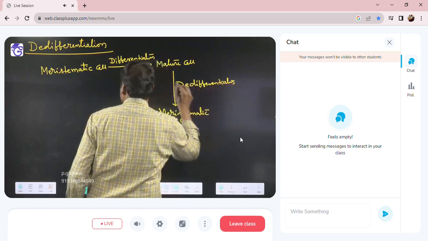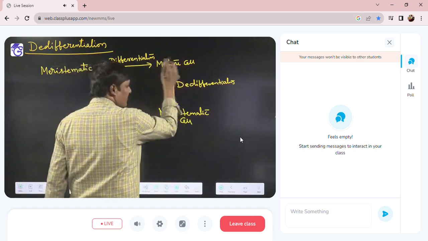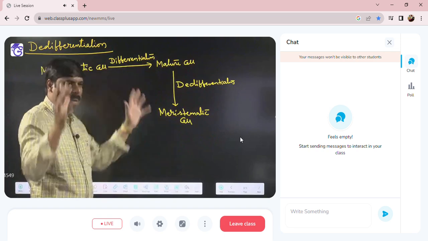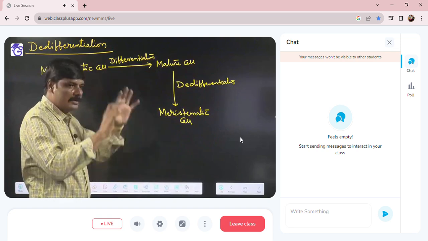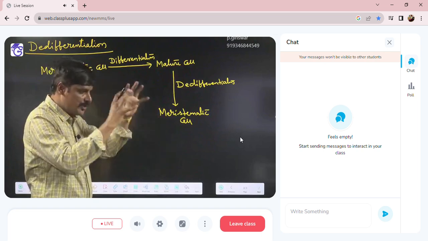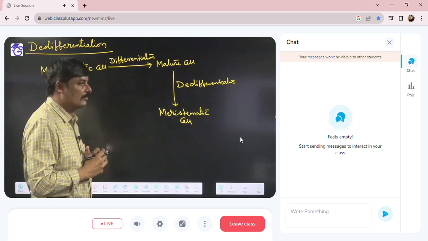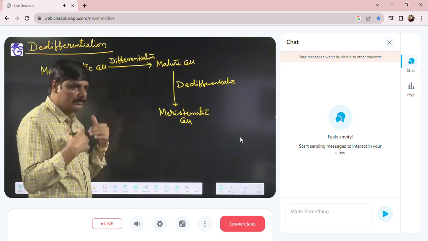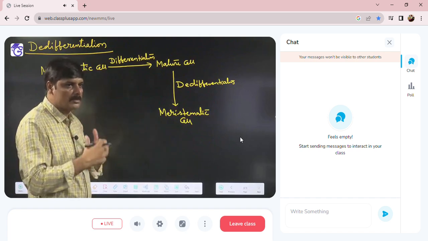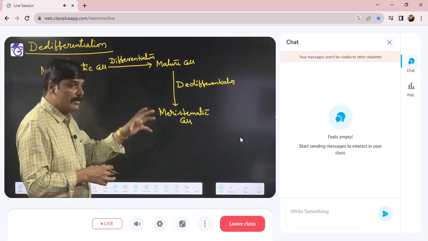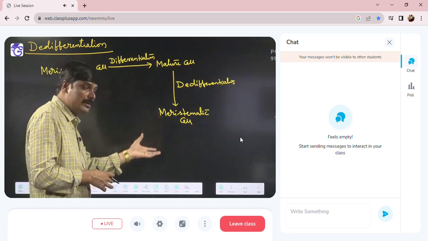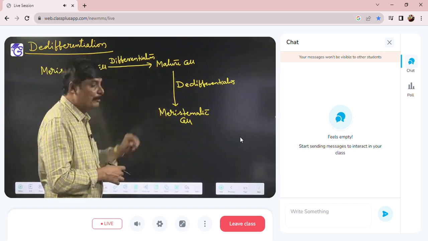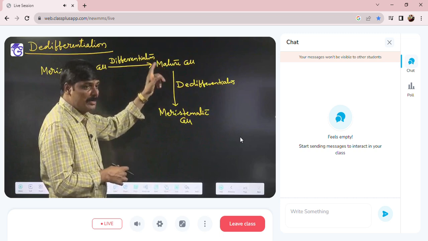After differentiation, cells are formed. They form the plant body. They are the mature cells. They are restricted to perform a particular function. Generally, they won't divide further. But whenever the situation demands, some cells may undergo differentiation further and become meristematic.